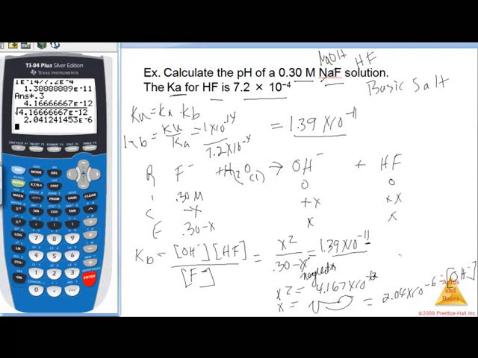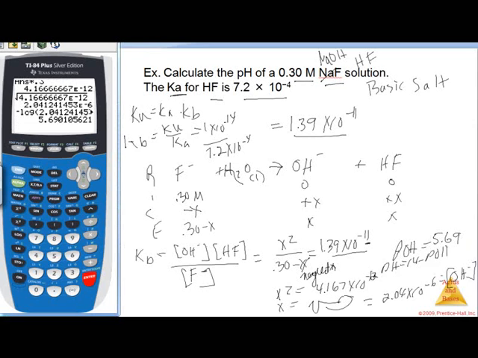So to get my pOH, it's going to be the negative of the log of that number, and that is going to be 5.69. So my pH is 14 minus my pOH.